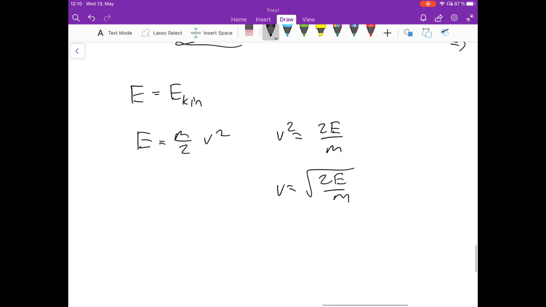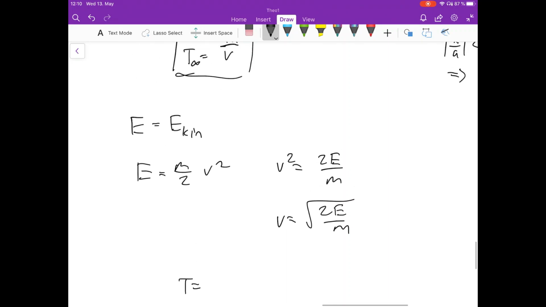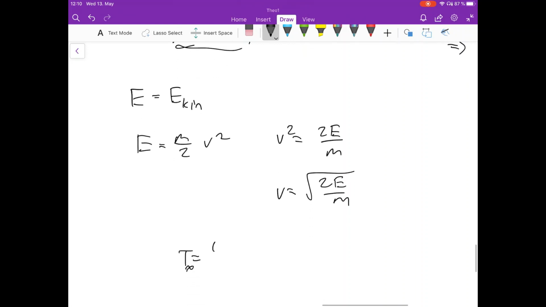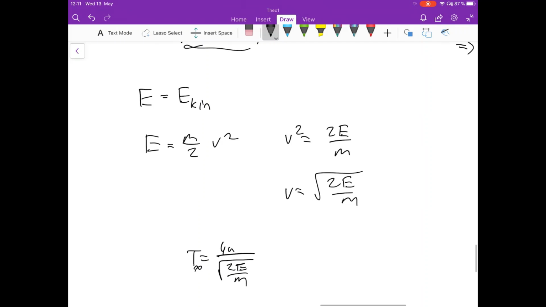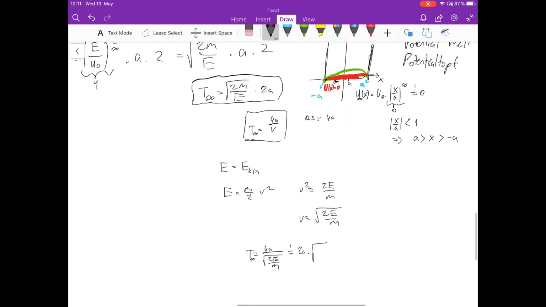Let's plug this in. T infinite is going to be 4a divided by the square root of 2E divided by m, and this should be equal to 2a times the square root of 2m divided by E.